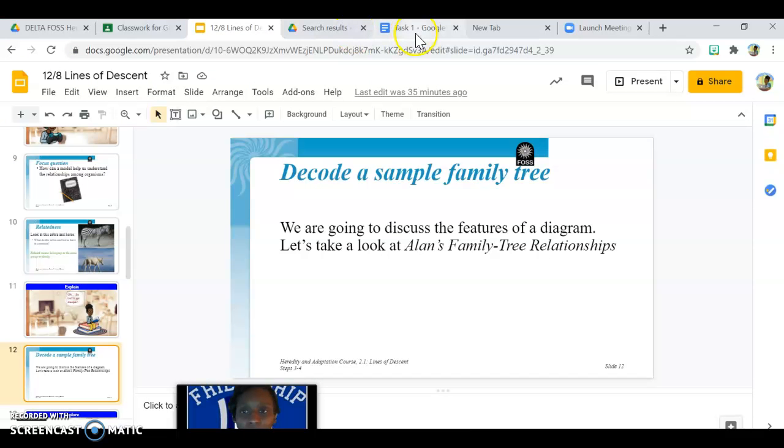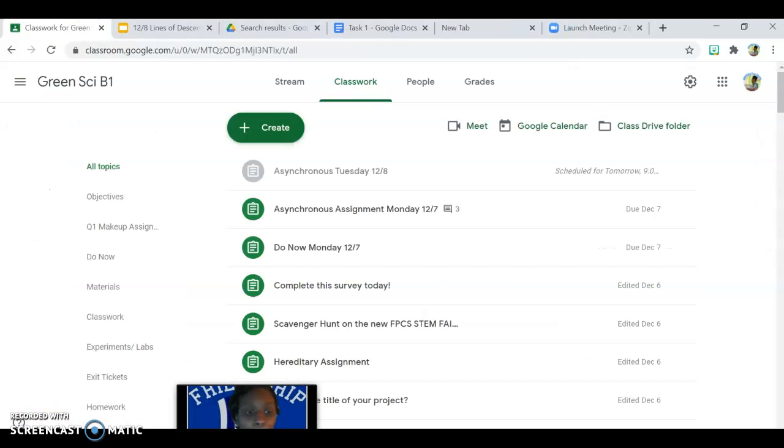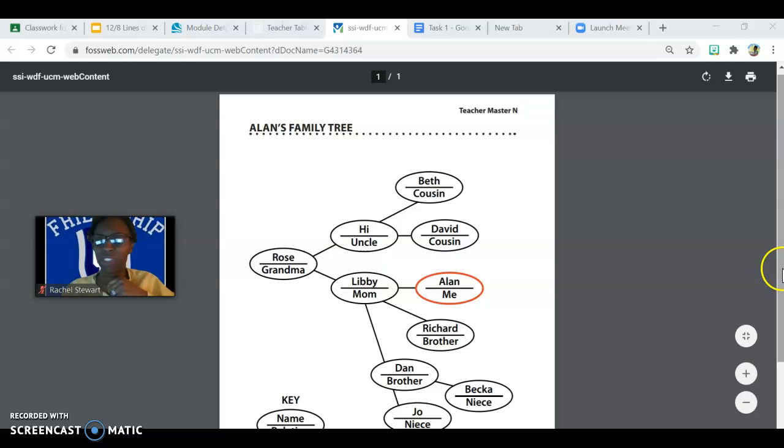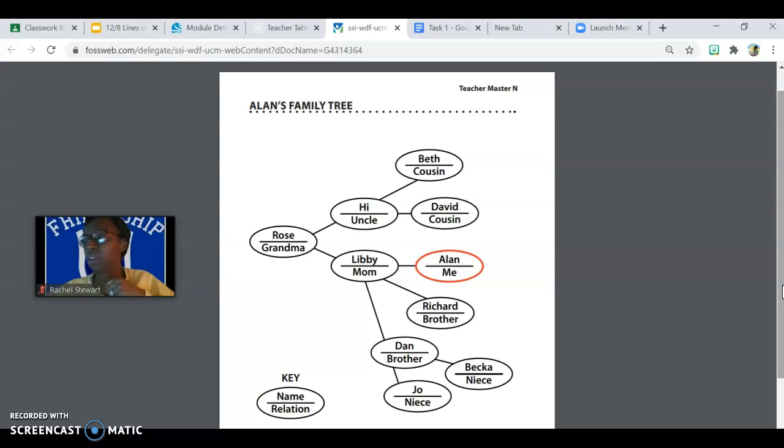So let me go ahead and open his. Here is a model of Alan's family tree. Take a look at this.